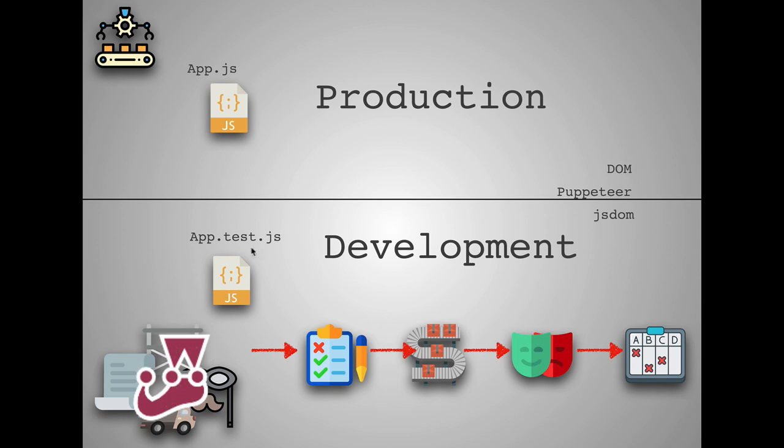In development, as you're writing your tests, as you're writing your code, you have something like Jest running in the background that has the scaffolding, the assertion library, the test runner, the spies, mocks, and stubs that we need to read the tests, run the tests, see which tests pass or fail, and also output a code coverage so that we can work on our project.